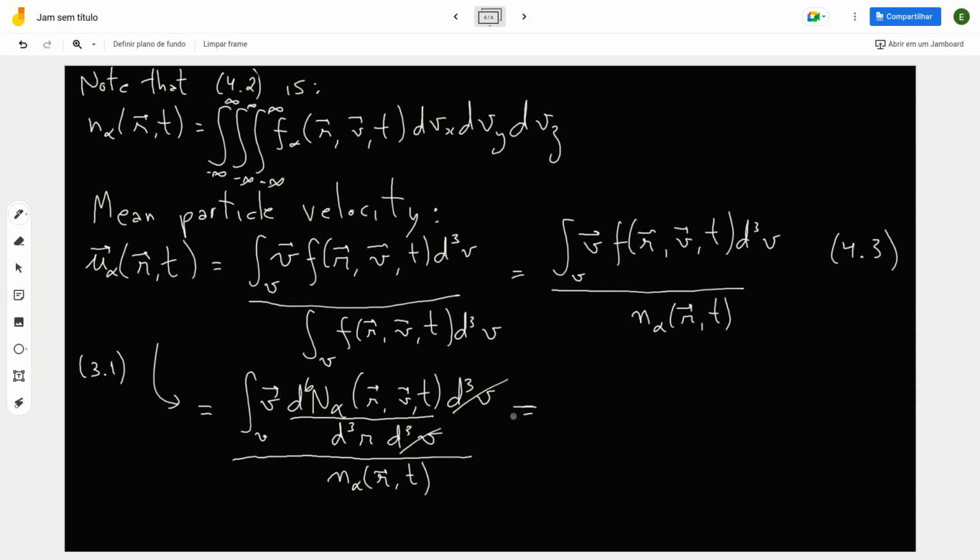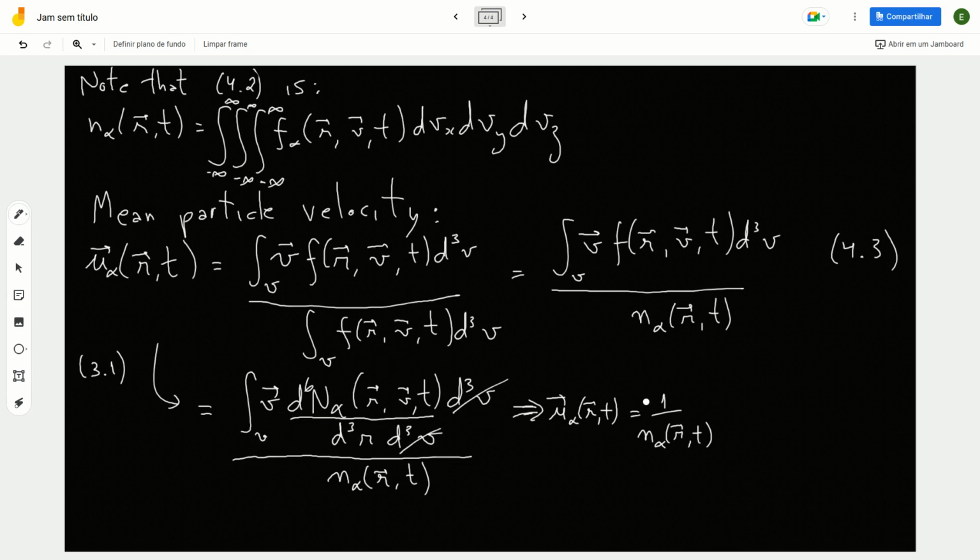So let's write it this way. u_alpha(r,t) became 1 over n. I can just remove this from the integral because the integration is in v.